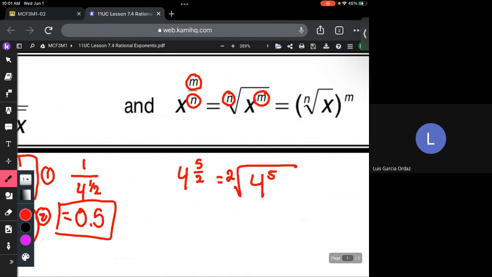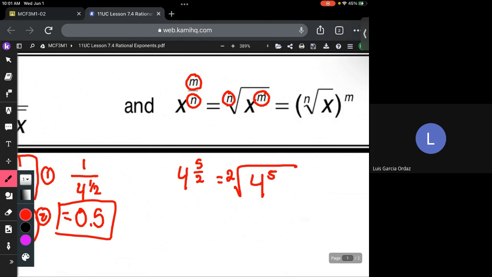4 to the power of 5 over 2. I got 200,000. Nope, wait, 32. I got 2,000. How? I got 512. Nope, it's 32.